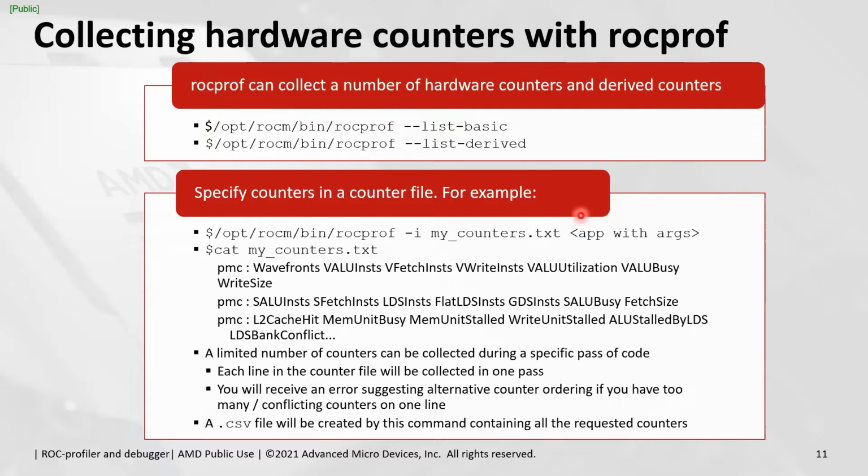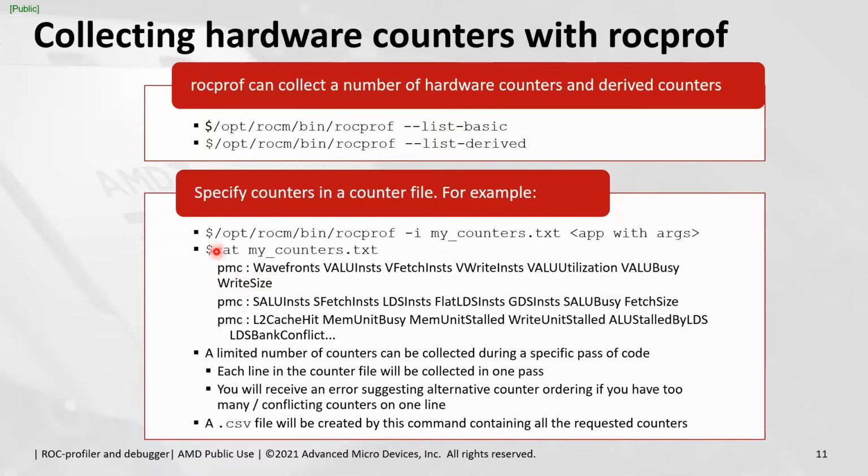So the way you collect these counters is, as I mentioned before, you tell rocprof that, hey, I'm interested in collecting certain counters, and you can prescribe that in an input file. For example, in my input file, it will have different lines and groupings of counters.